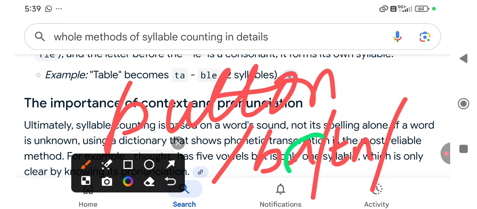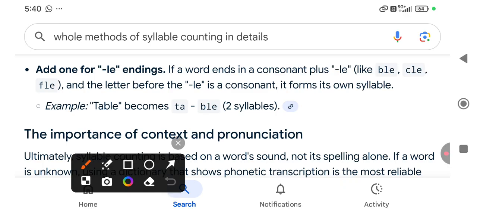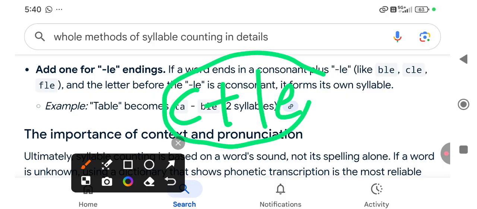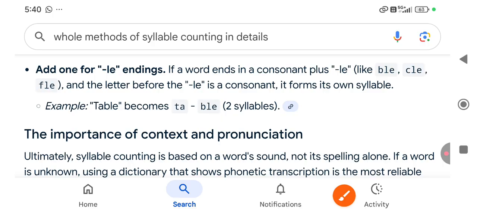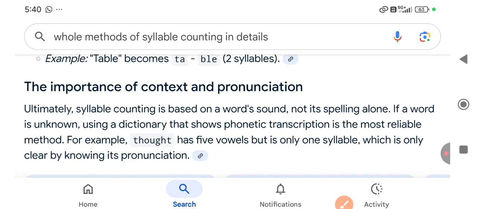Why? Because here it is b and ton. There is no vowel between t and n, but it will be counted as one vowel. So that is another rule, a pattern you should remember. Suppose a word ends with a consonant followed by le, then le will be counted as one syllable. This should be kept in mind.